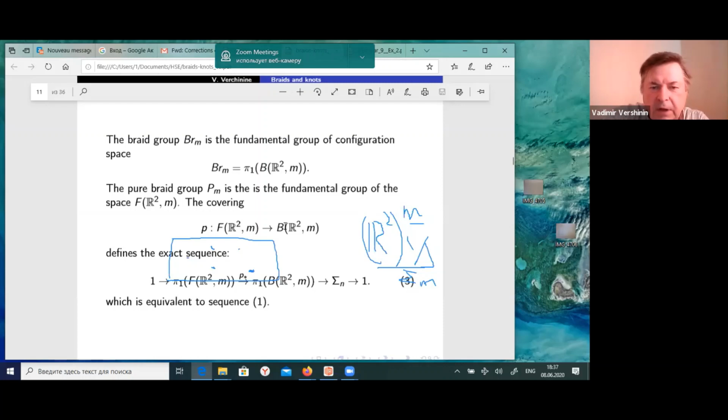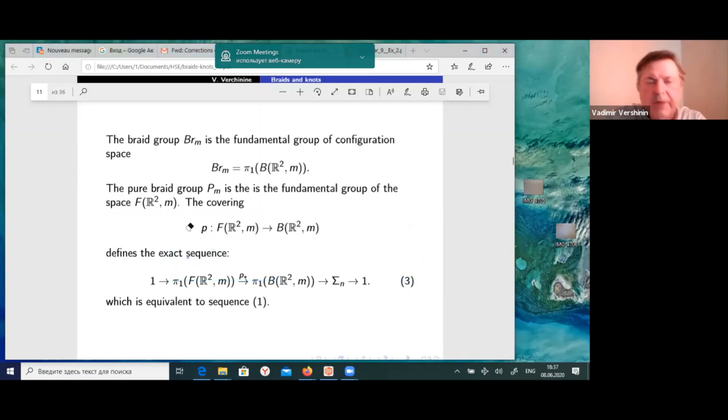And now, if you consider the short exact sequence of this map, which is a covering space, you have this one. So this is the braids, the fundamental group of configuration space.